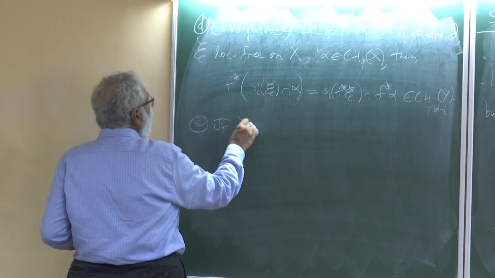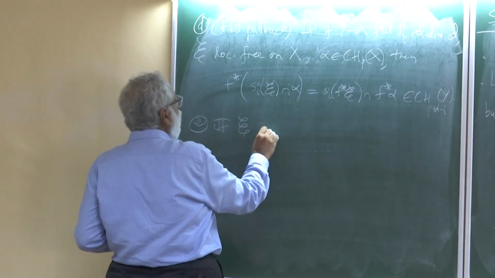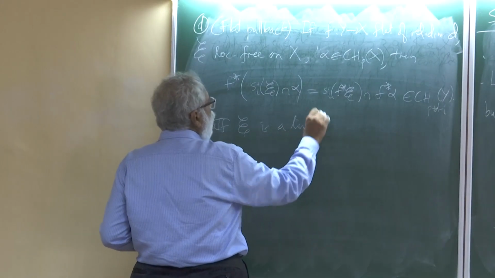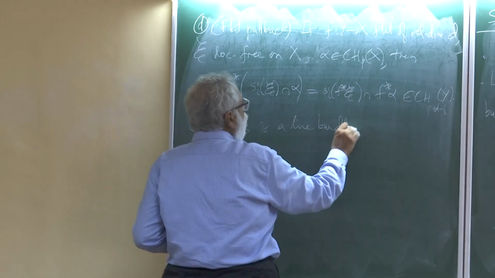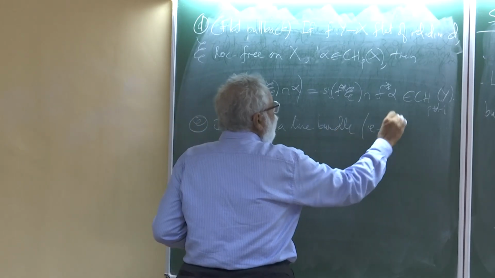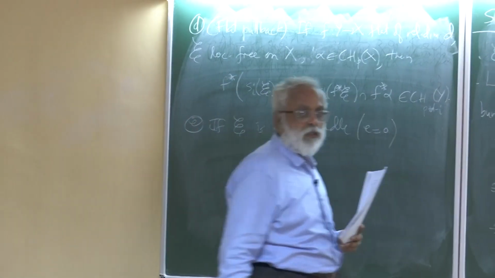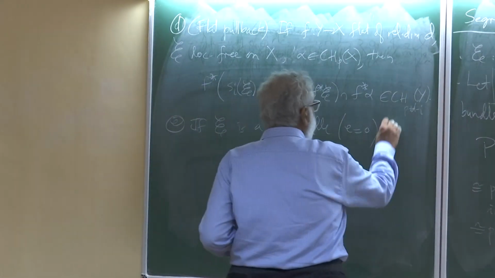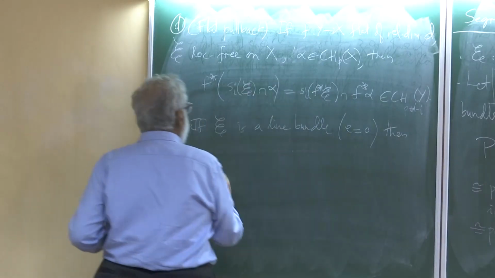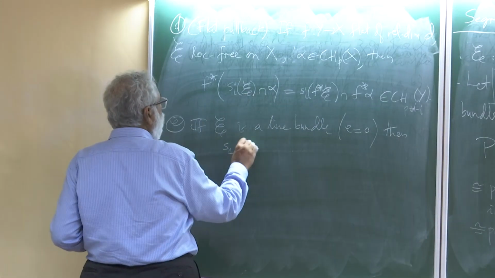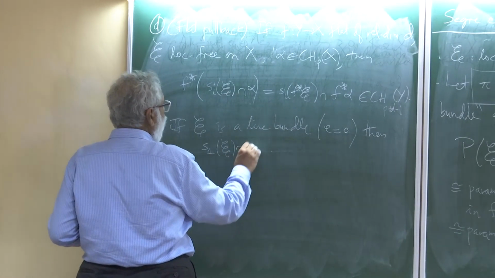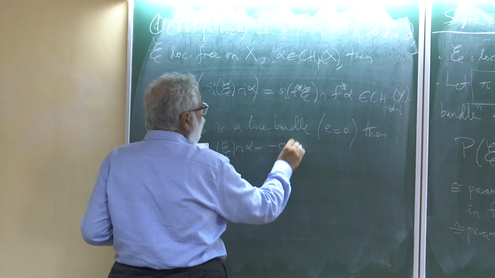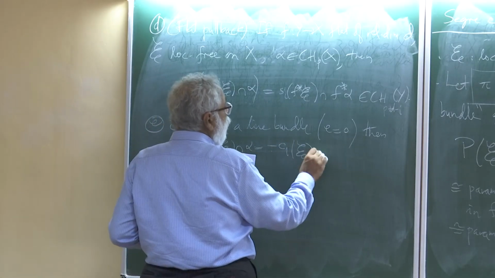Okay, and then there's a sort of normalization. If E is a line bundle, now this number little e is 0, the projective bundle is the space itself, then S_1 of E cap alpha is minus c_1 E cap alpha.